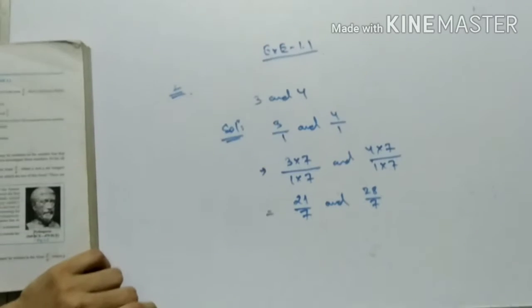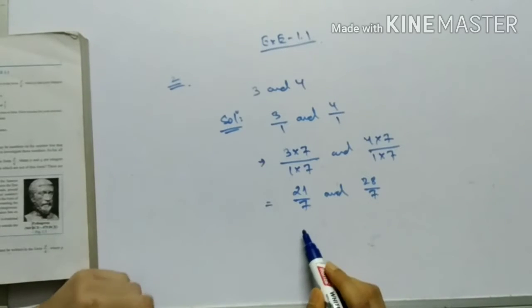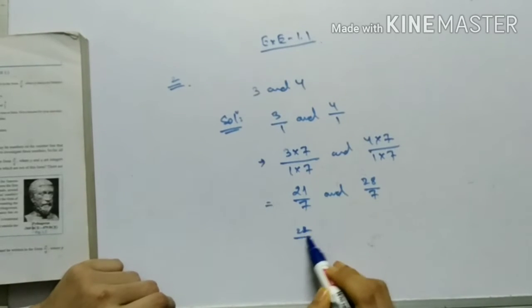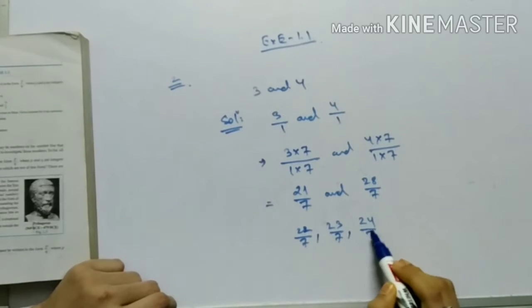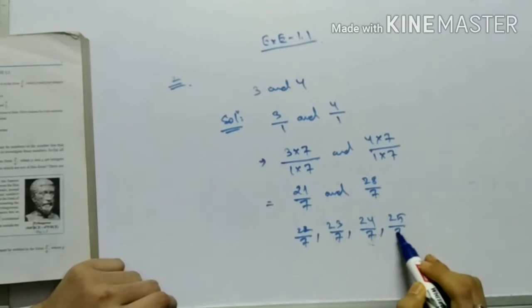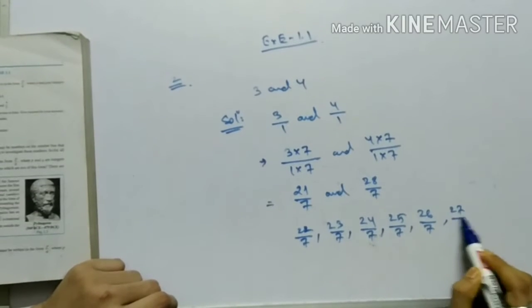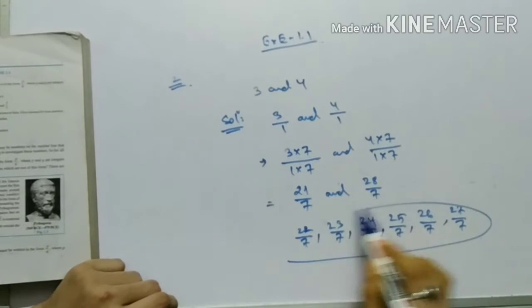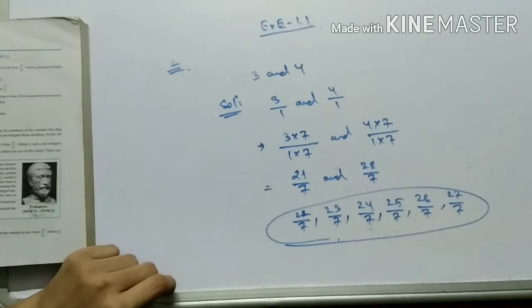So now 6 rational numbers between 21 by 7 and 28 by 7, you can write 22 by 7, 23 by 7, 24 by 7, 25 by 7, 26 by 7, 27 by 7. So these are the 6 rational numbers that lie between 3 and 4. In this way you can do.